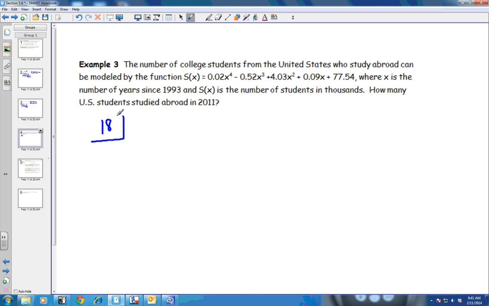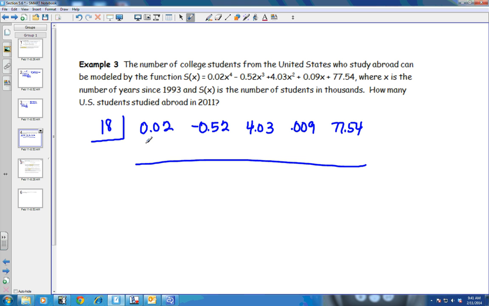Okay, so now I'm going to write down the coefficients. I have 0.02, negative 0.52, 4.03, 0.009, and 77.54. I'm using synthetic division, and I'm going to use the remainder theorem to evaluate this polynomial when my years are 18.